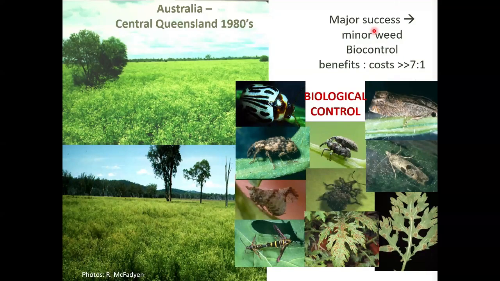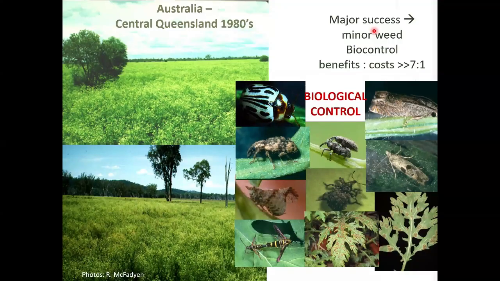They also used chemical control along the roadsides, but the long-term control was also achieved with a really large suite of natural enemies that targeted the different parts of the plant. And this reduced it from being the major weed, the number 1 weed in rangelands, to still present. It's still present in Queensland, and it is problematic in small areas, but it is nothing like the extent that it was in those years.